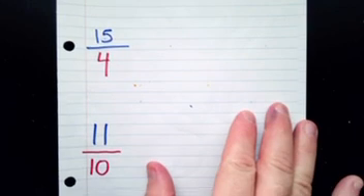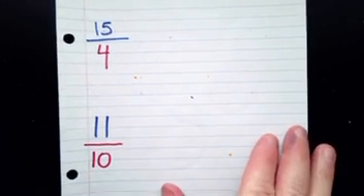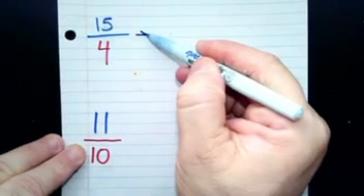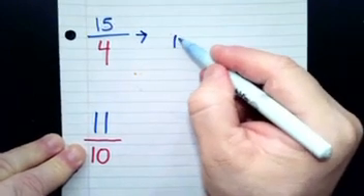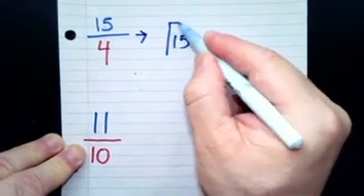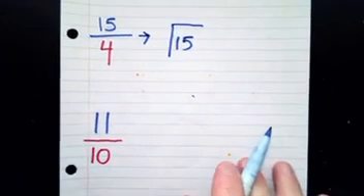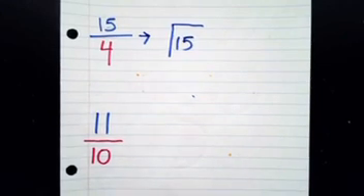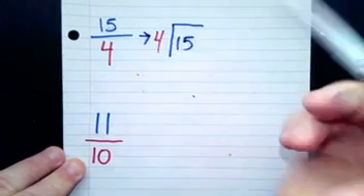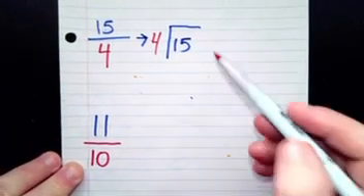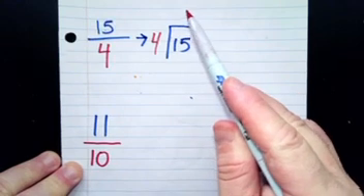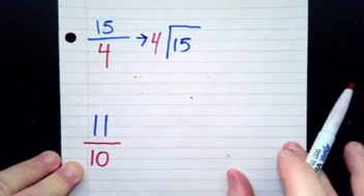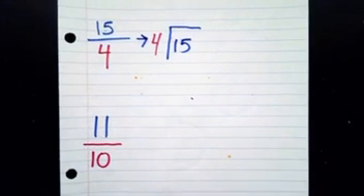Of course, if I'm going too fast, you can pause and rewind this video and watch it as seems fit. Okay, so step 1, we're going to take 15, put it inside the divisor bar, and of course the 4, which is our denominator, goes on the outside. Now, my goal is to find a number that multiplies times 4 and gets me as close to 15 without going over 15.